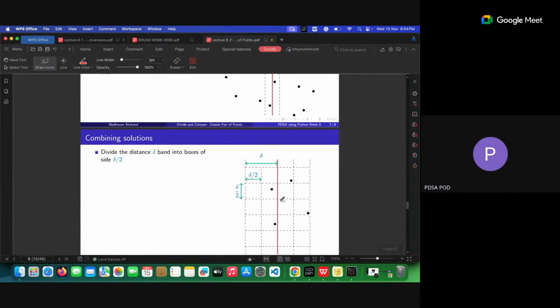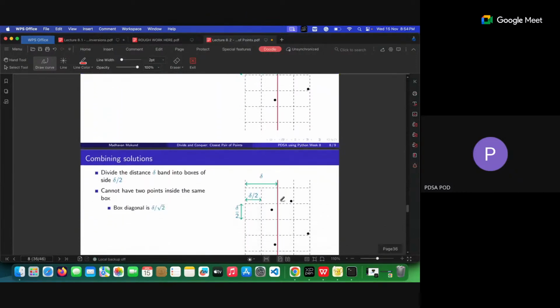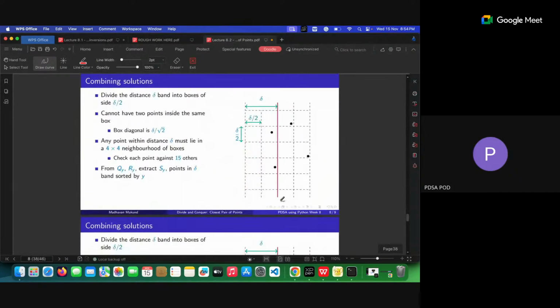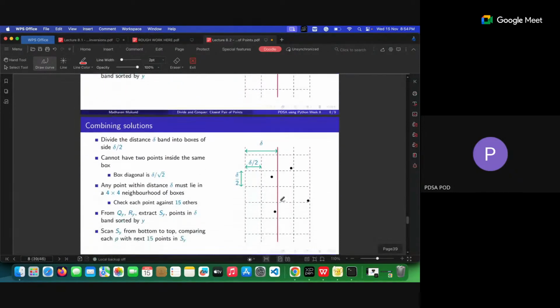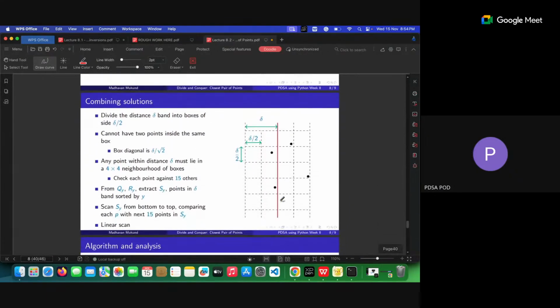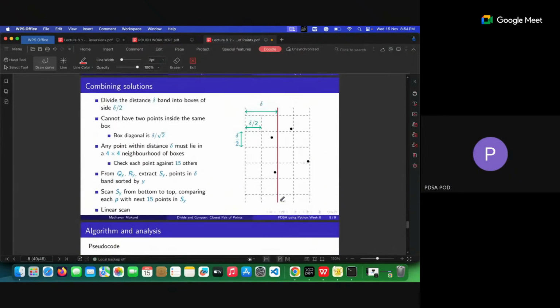Look at the combining solutions. So we go for combining solutions, how they are combining. Here that lambda, again, we are making it lambda by 2, so that no particular point is inside. So divide that lambda band into boxes.